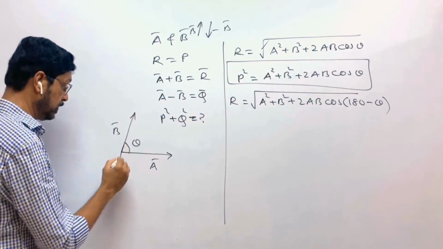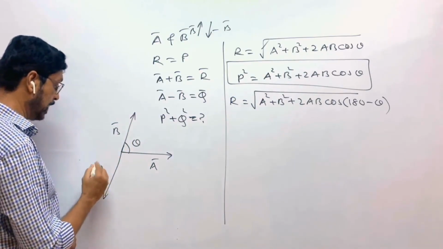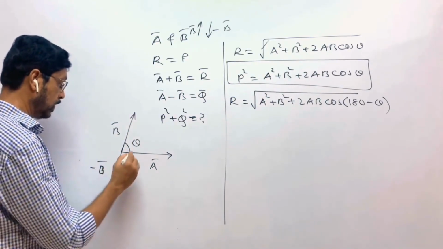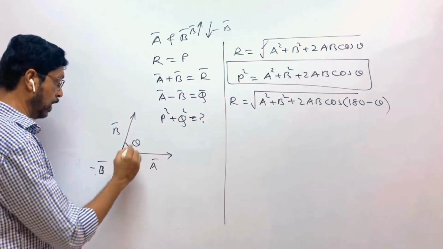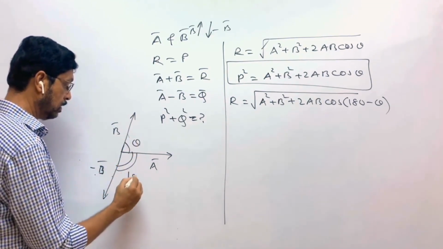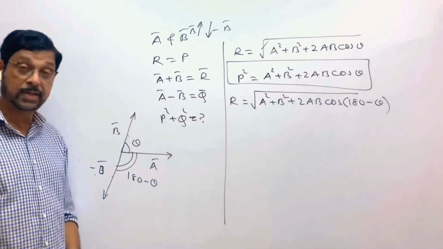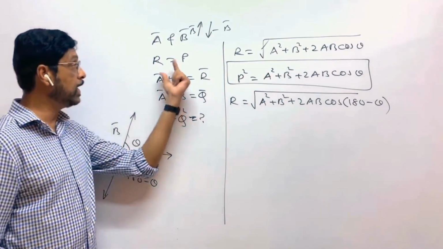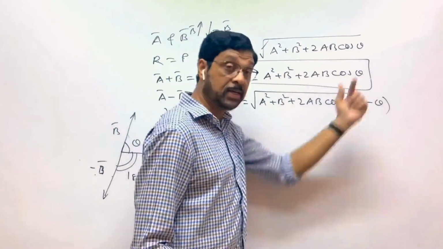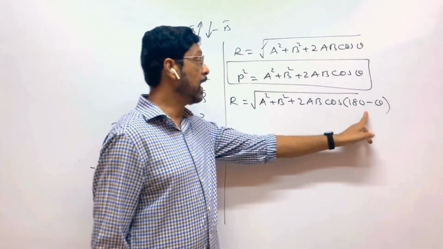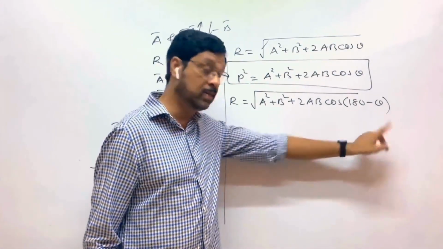Now vector B is reversed, means it is now minus B. So what is the angle between A and minus B now? Total 180. 180 minus theta. So when finding A plus B, the angle is theta. For A minus B, the angle is 180 minus theta.